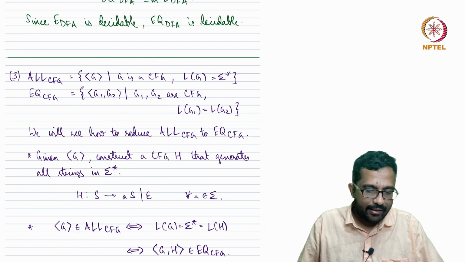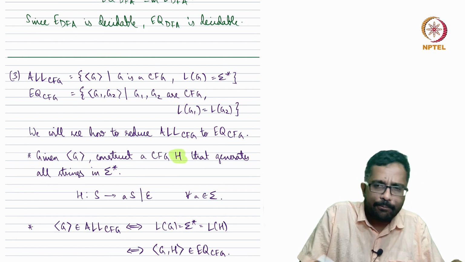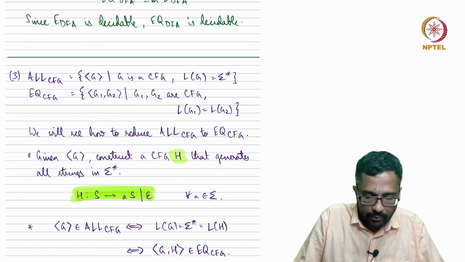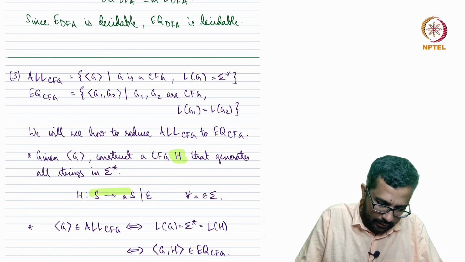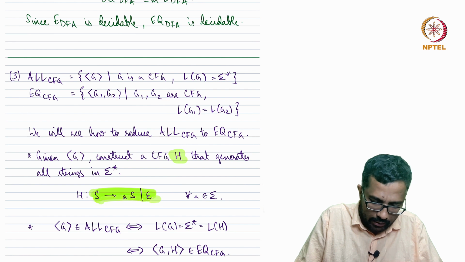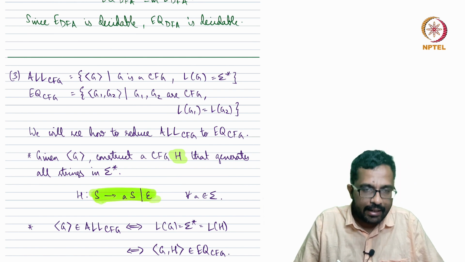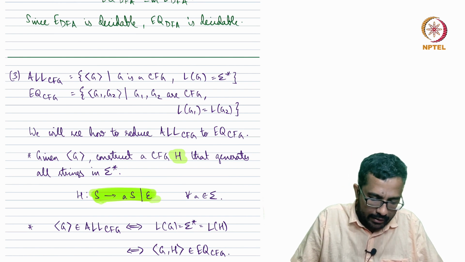What we'll do is we'll construct a CFG H. It's a very simple CFG. H has only two types of rules. There is only one variable, which is the starting variable S. S generates aS, for any terminal a, and the second rule is S generates the empty string.